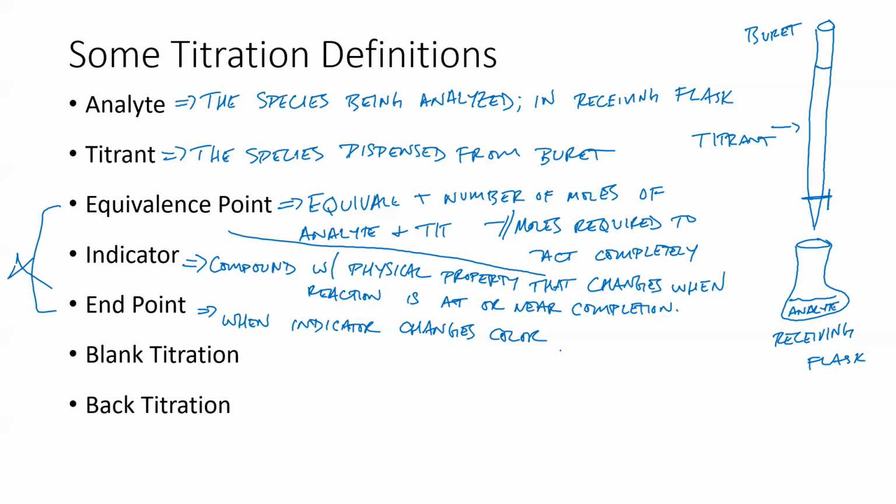All right, these last two might be new terms for us. A blank titration, of course, is very similar to having a blank in a UV vis experiment. Hopefully, you're somewhat familiar with that. But generally speaking, it's sort of like a control, right?